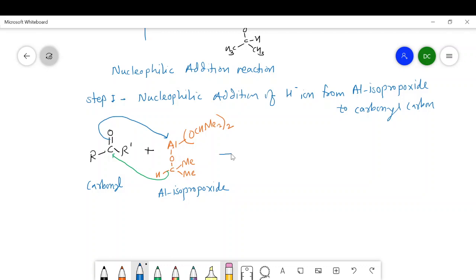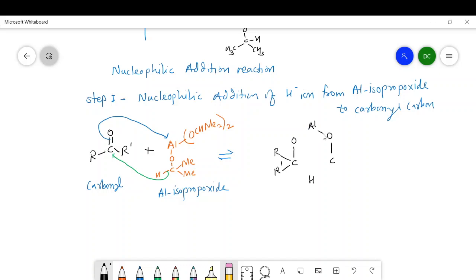How? Look at this structure. This transfer occurs via a cyclic transition state. For this cyclic transition state, we will write the structure once again: here carbon, then one oxygen, two R and R' groups, then hydrogen is transferred from this carbon, then there is oxygen, and here there is aluminum.